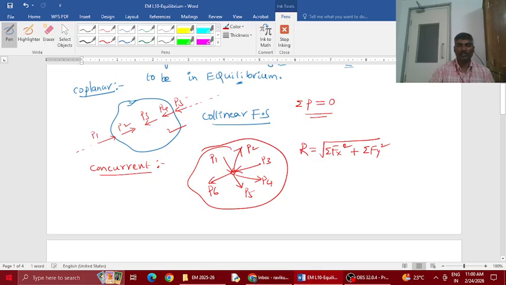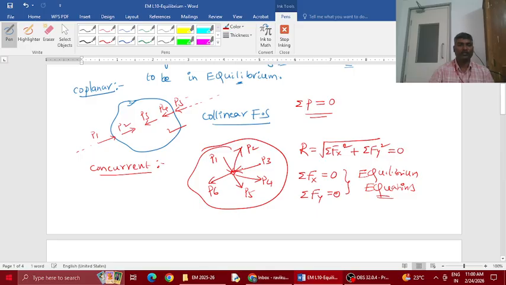If the resultant shall be zero, I need the sum of x forces to be zero and the sum of y forces to be zero. These two are what we call equilibrium equations. The condition is that the resultant shall be zero.